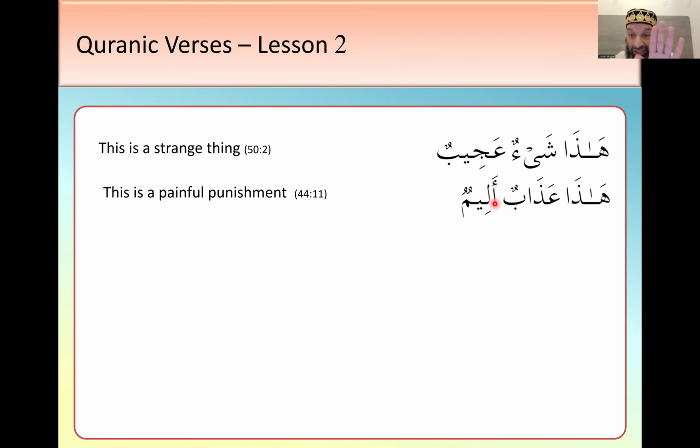It's part of the word. Okay, right? So no alif lam. Double dhamma ending here, double dhamma ending there. Adhab is masculine, so alim is masculine too. So here we're seeing the description following the noun and how it matches the noun.